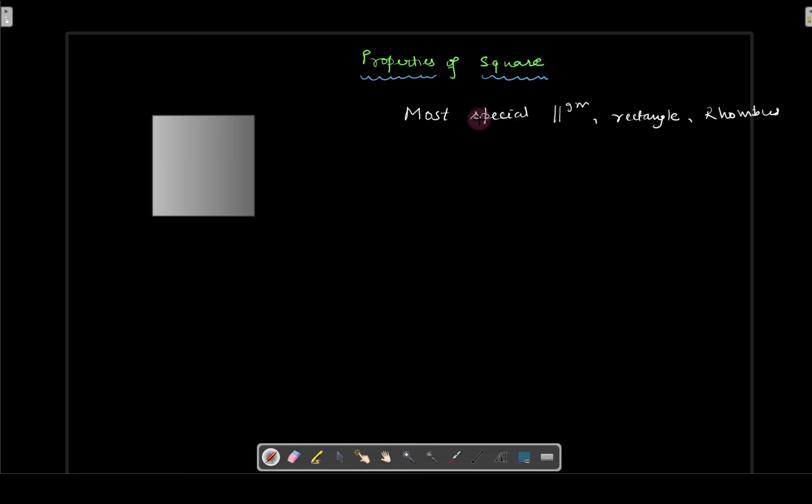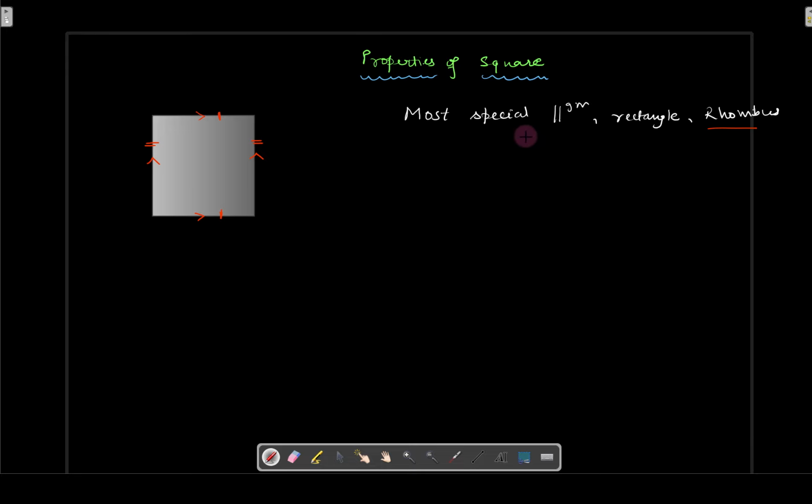Now if it is a parallelogram, that means opposite sides will be parallel, and opposite sides will be congruent. And since it is also a rhombus, if you remember the properties of rhombus, in a rhombus all four sides were congruent, not just the opposite sides.